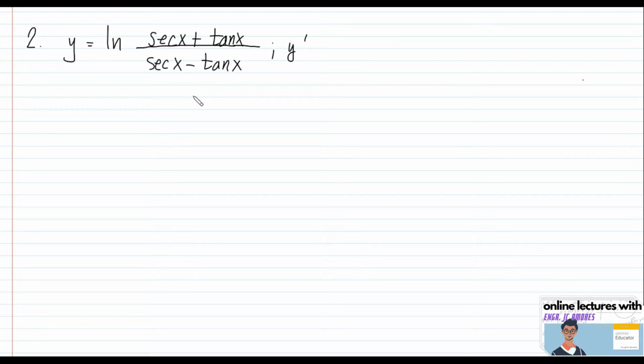Problem number 2, we have y is equal to ln of secant x plus tangent x all over secant x minus tangent x. So we have to solve for y prime.